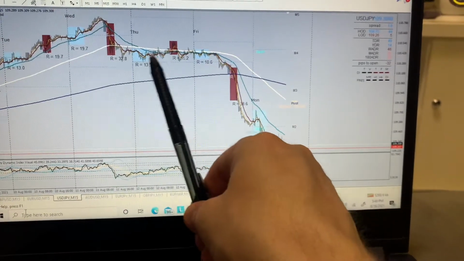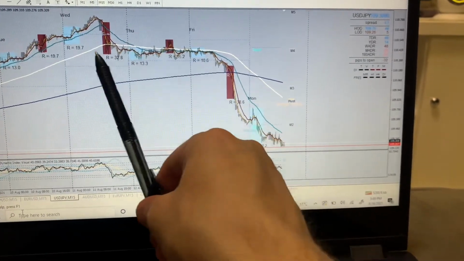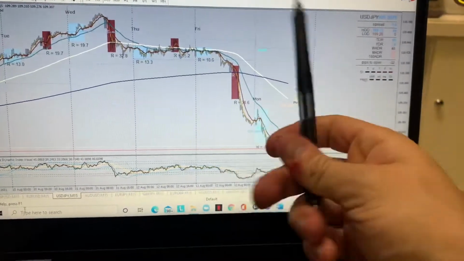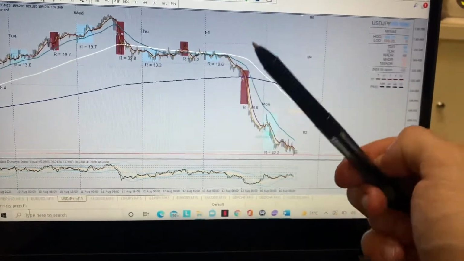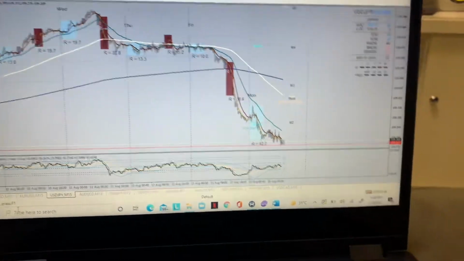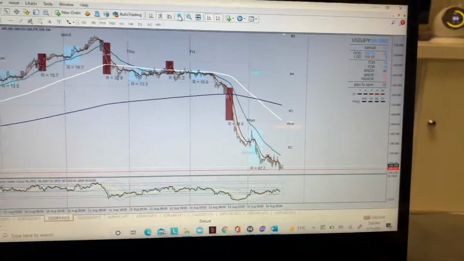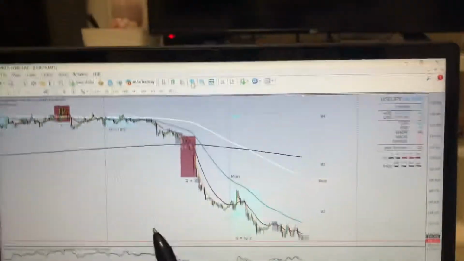So you've got the white, the 50 EMA and the 200 EMA, and you've got the consolidation straddling it. So you already know in your mind you're looking out for a straightaway move, and they're very hard to find. It would be very seldom that you would be able to enter a straightaway move, okay?